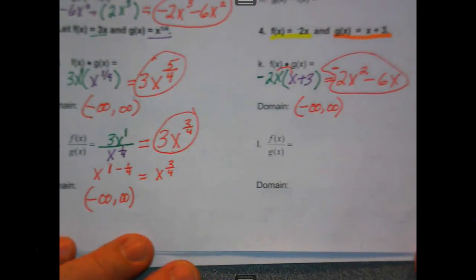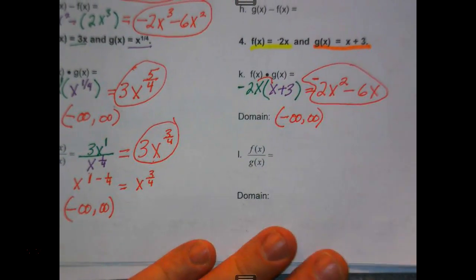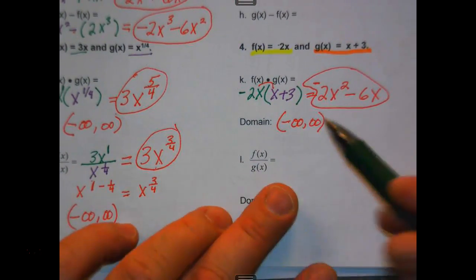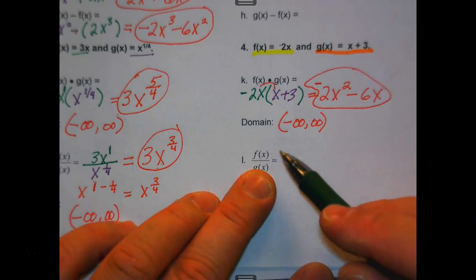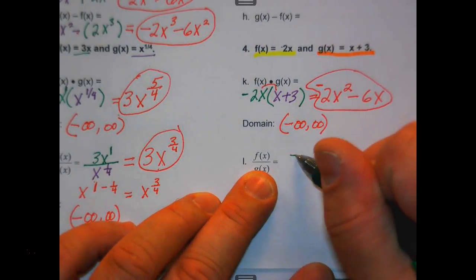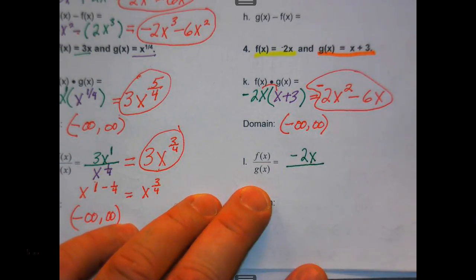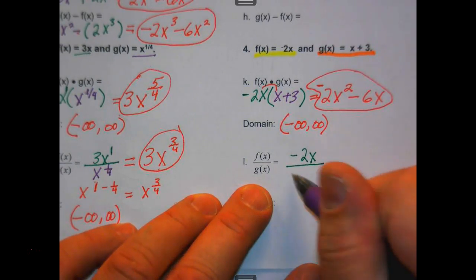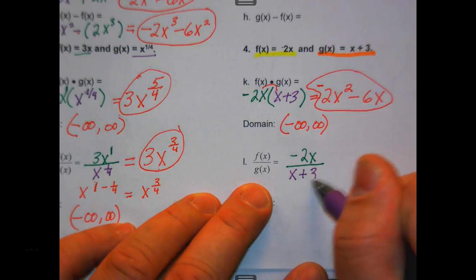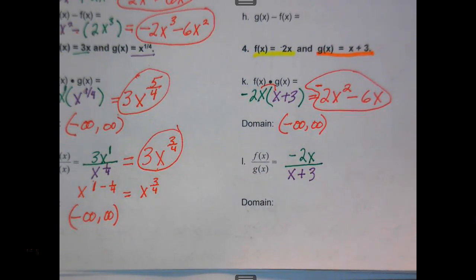All right, let's do the other one, because this one's going to be a little bit trickier. The f of x is what? Negative 2x. The g of x is x plus 3. Now, can we reduce this?